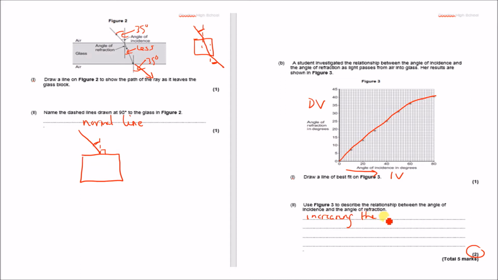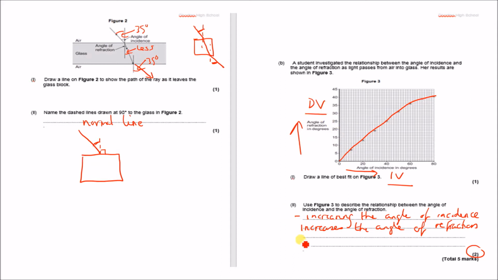Increasing the angle of incidence. So we've stated that, and then we talk about what's happening in our dependent variable. Well, that's also increasing. So increasing the angle of incidence increases the angle of refraction. So that's a really simple statement using our independent variable and our dependent variable.